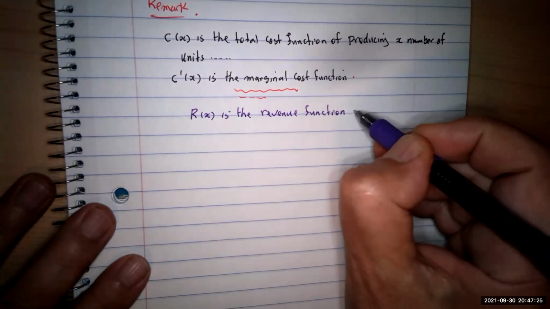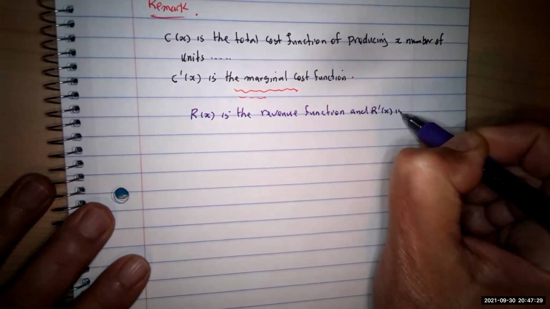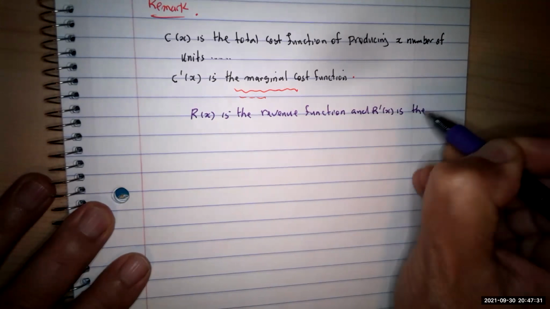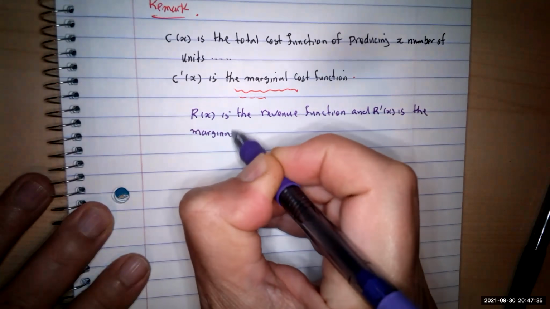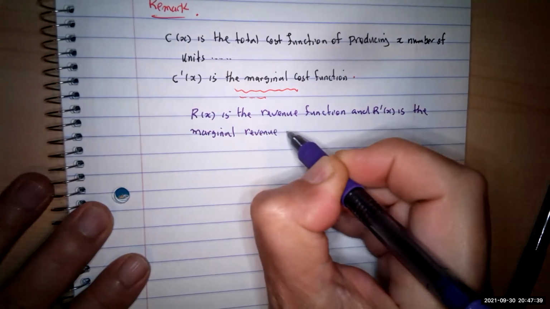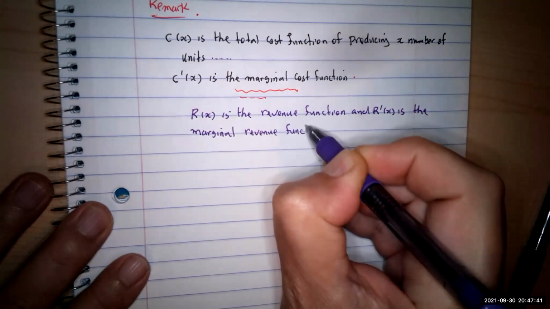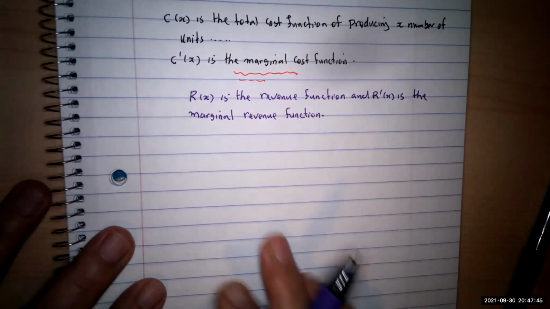And R prime of X is the marginal revenue function. And eventually it's going to be rate of change if you like.